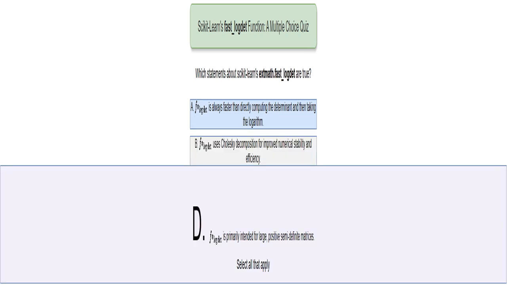Option D proposes that fast_logdet is best suited for large, positive semi-definite matrices. Positive semi-definite matrices are symmetric matrices where all eigenvalues are non-negative. The question targets the intended application domain of the function, considering its efficiency and stability characteristics with different matrix types.